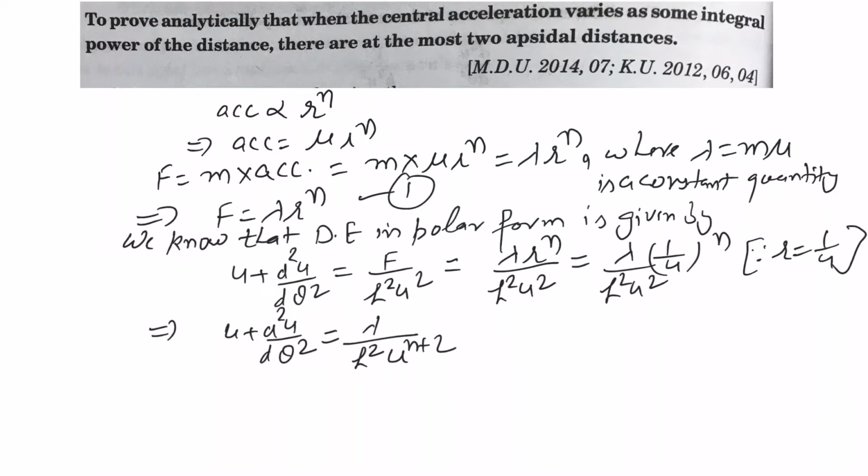Here it is u² and this is u raised to the power n, so it is u^(n+2). This implies that h² (u plus d²u/dθ²) is equal to lambda u raised to the power n plus 2.